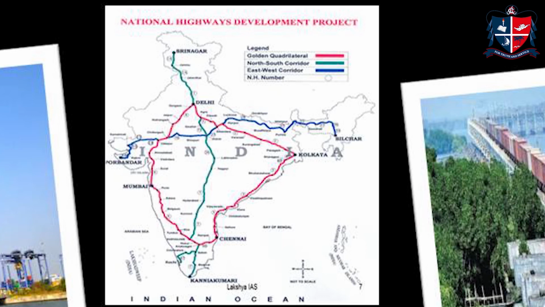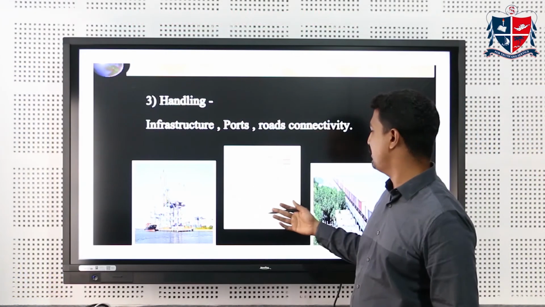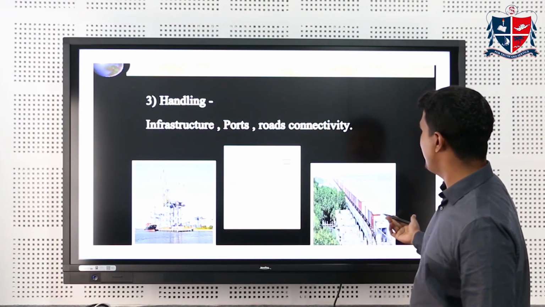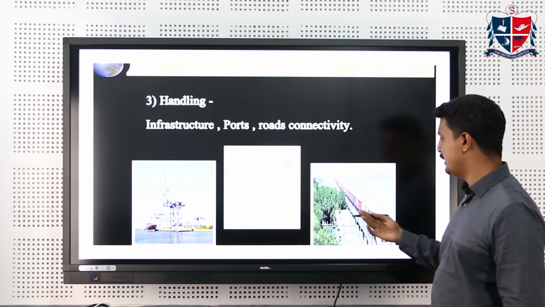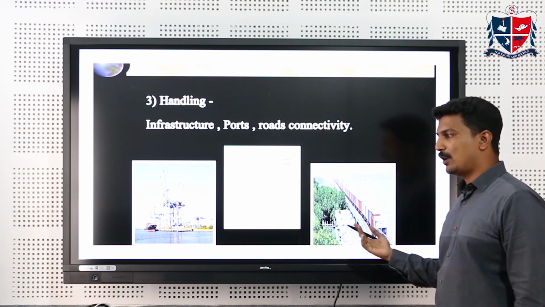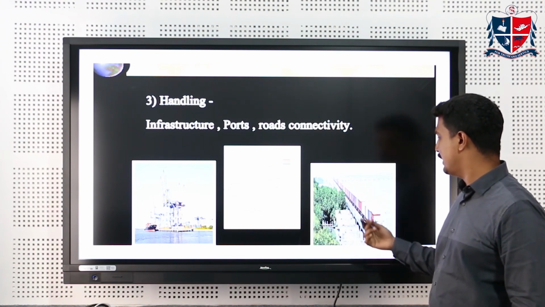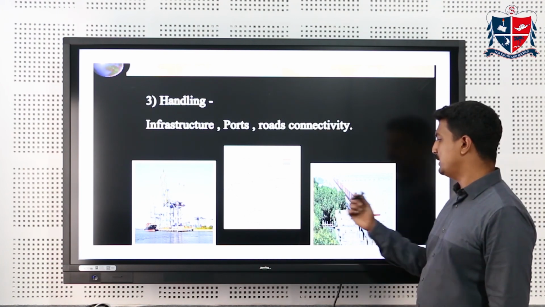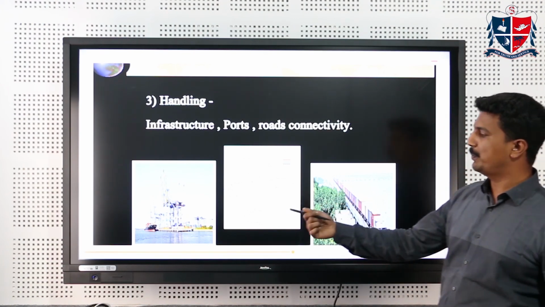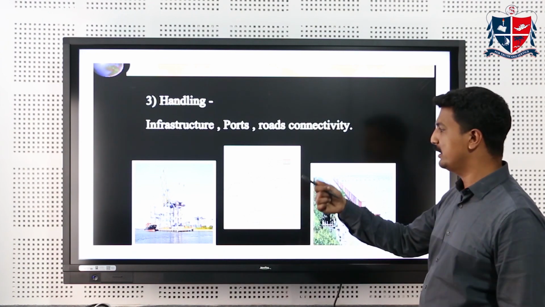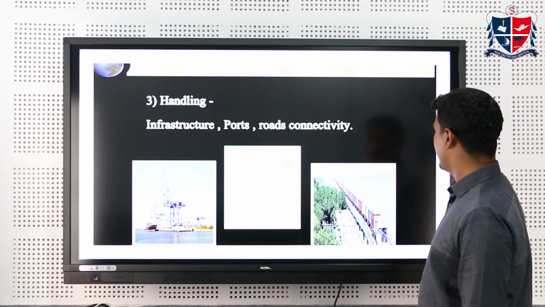It's in green color. From east to west, we have a corridor, connecting the different areas in India. So we have road connectivity, and railway connectivity too. From the port, we can directly offload the containers to the railway connections. So we have railway connectivity also from seaports. The cargo can be shifted to the rail.